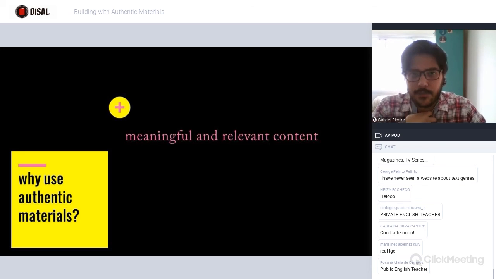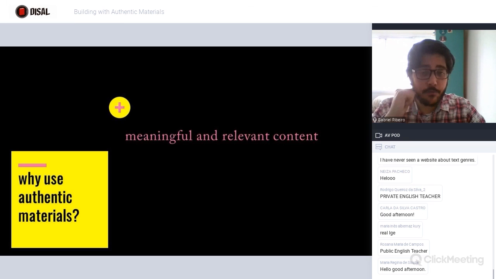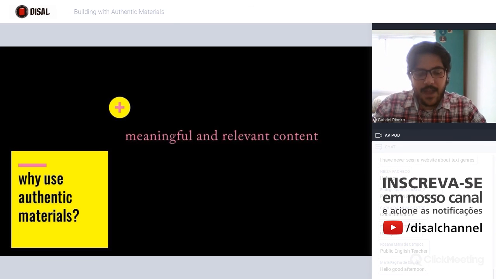If I am teaching my students about forest fires, I can present them with a text about Pantanal, which is burning now, or the California wildfires, right? This content is going to be a lot more meaningful to them because it's discussing something that has actual relevance in terms of a real conversation, right?